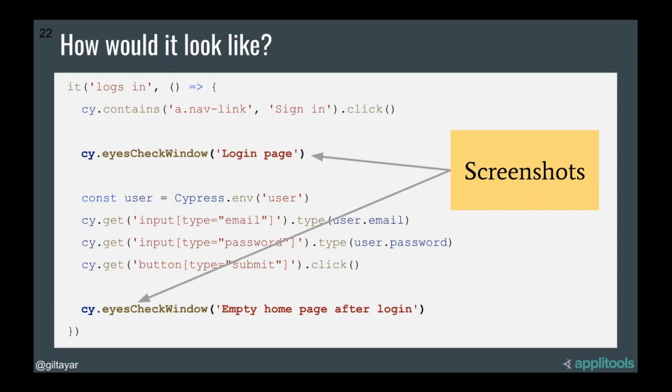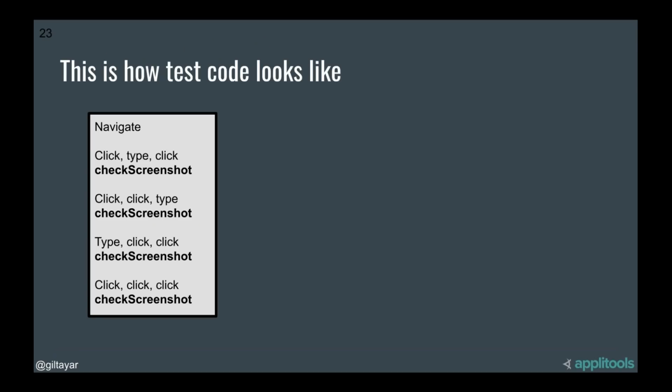So it's that simple. You still have to npm install ICE Cypress, just like you npm install Cypress itself, but other than that, you just do a site.iceCheckWindow wherever you want, and you're done. And this is how the test looks.